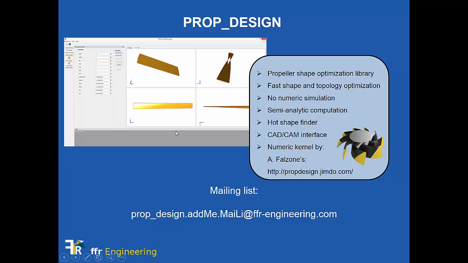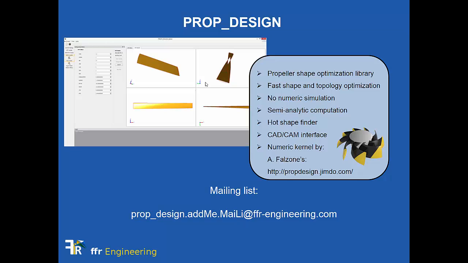Before I stop this presentation, I first want to point your interest to one of our other software tools in the field of propeller design and propeller shape optimization. It's called Prop Design. It's actually a redesign of the kernel written by Anthony Falsone. You find here the link to his webpage and his awesome code. We took the code and packed it into a graphical user interface with an exchange to CAD systems and also to FEM programs, and thus it allows you to optimize the shape of a propeller with some semi-analytical computations for you.